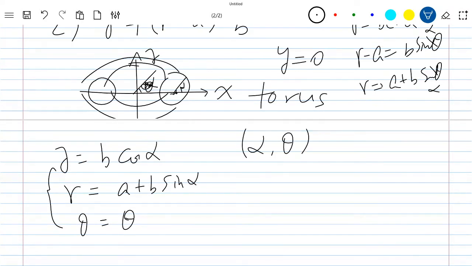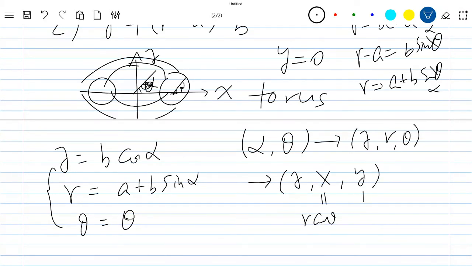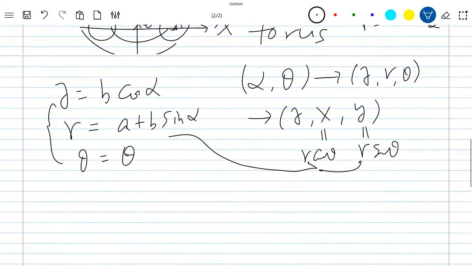Then you can convert it into z, r, theta, and in turn write down x, y, z, where x is r cosine theta and y is r sine theta, plugging in your r. So you have two parameters, alpha and theta, and you have a surface.